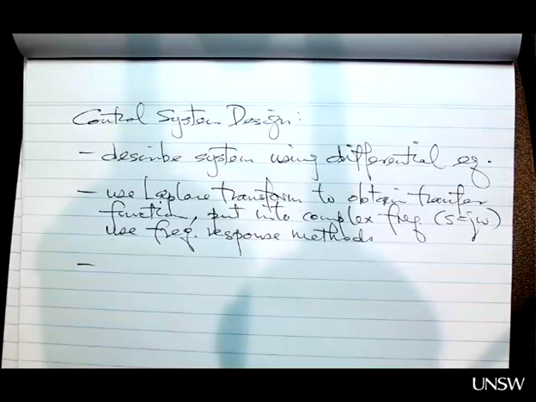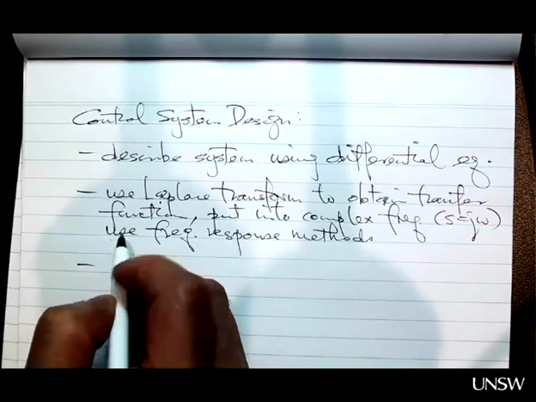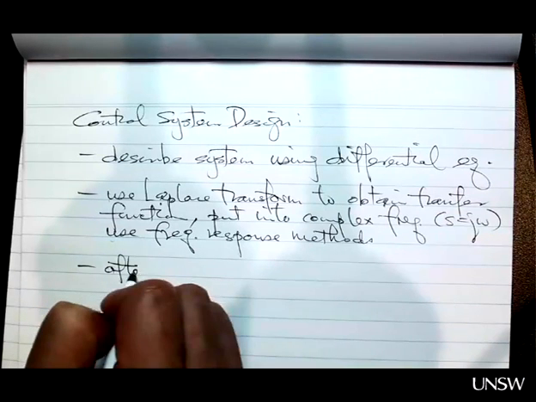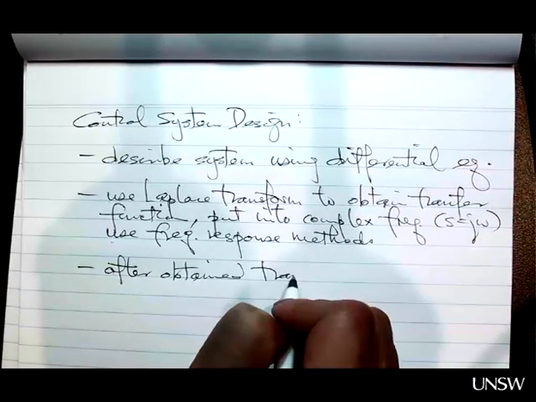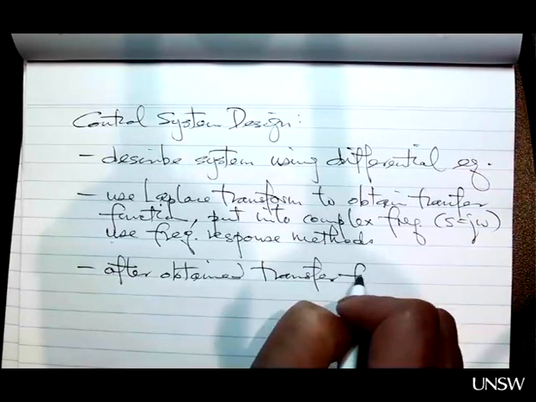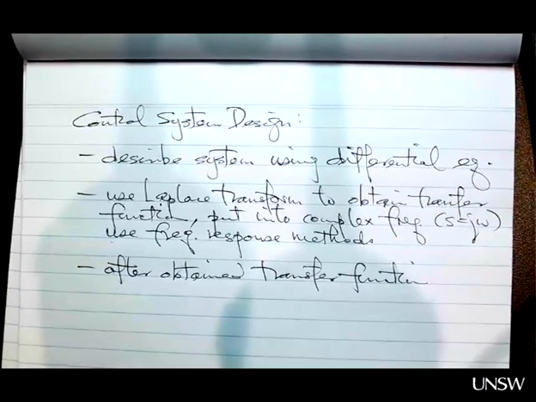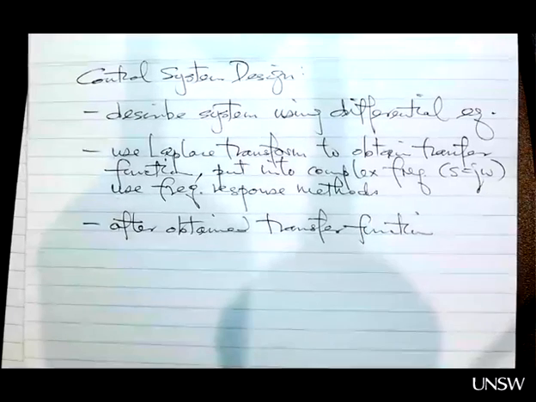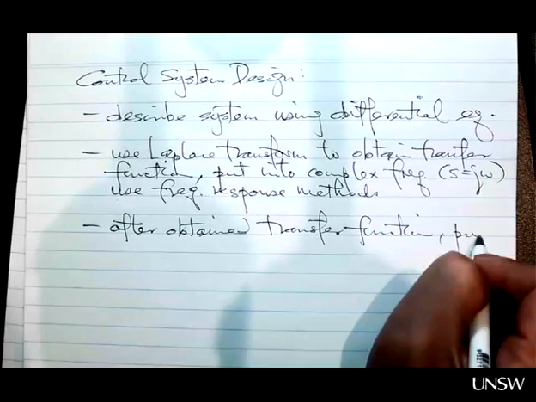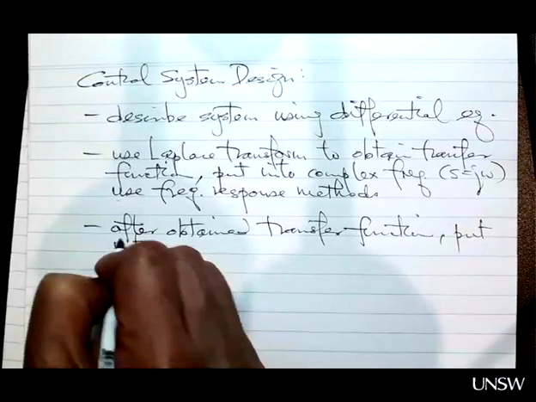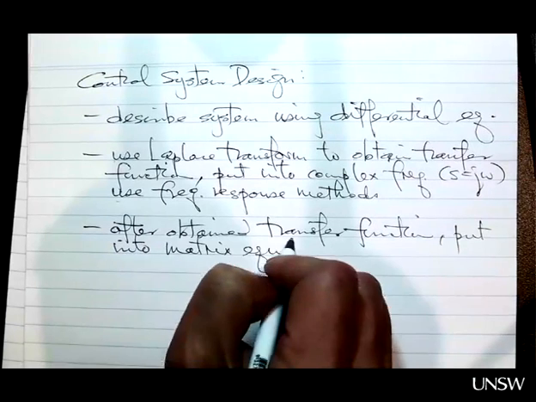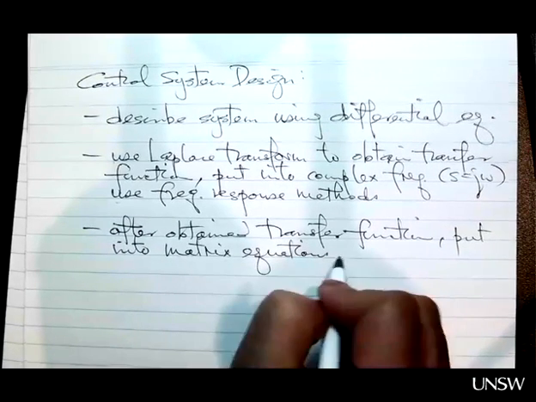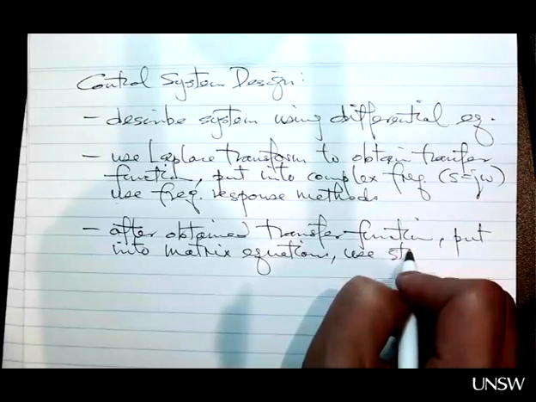Another way is that after getting the transfer function, instead of putting into complex numbers, we put it into matrix equations. Then we use state space design.